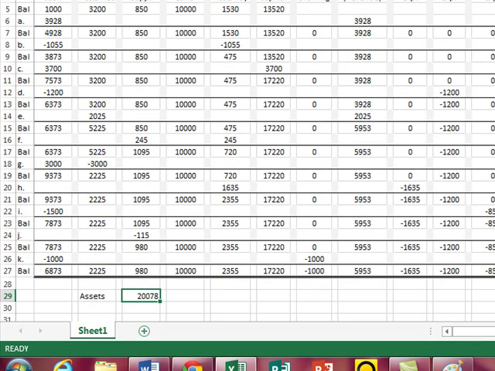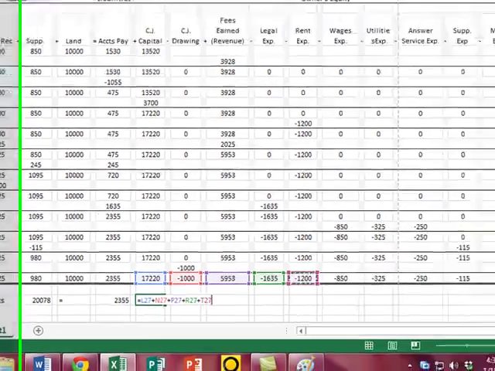I've got $20,078 in assets, and this should equal my liabilities that happen to be $2,355, and then my owner's equity is going to be made up of the capital minus the drawing, plus the revenue, minus the expense accounts.